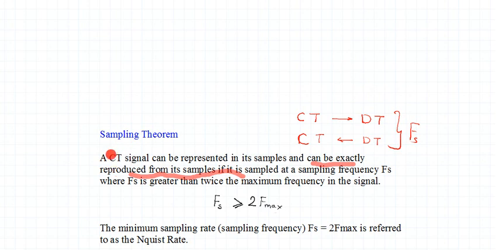If we transform such a DT signal back to a CT signal, we will not get a proper CT signal; instead, we get a completely different CT signal. That's the role of the sampling theorem. So the sampling theorem is nothing but guidelines to select a proper sampling frequency while sampling the CT signal.